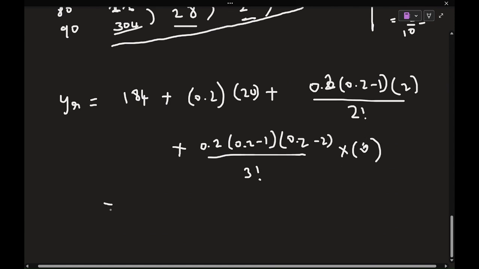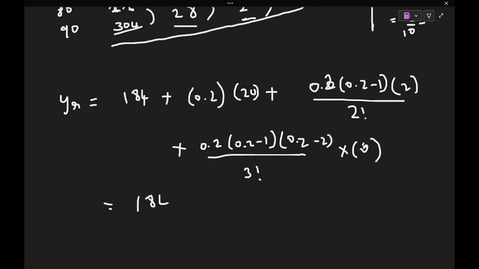We are left with the first terms, which is 184 plus 0.2 into 20, which is 4, plus 0.2 into (0.2 minus 1), which is 0.2 into minus 0.8, and the 2 factorial gets cancelled with 2.